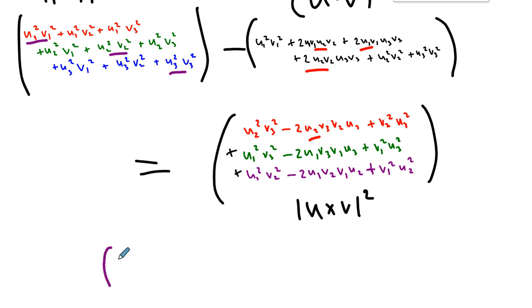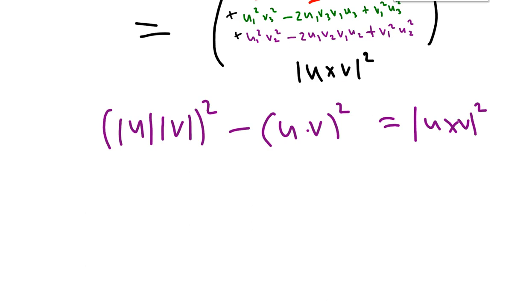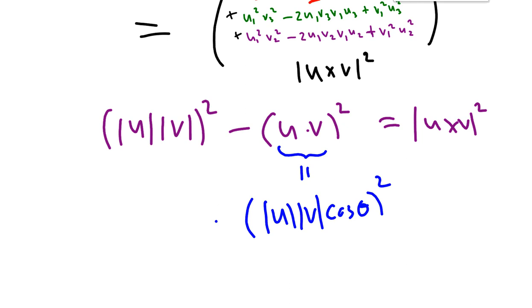So we can say the norm of u times the norm of v quantity squared minus u dot v squared equals that expression squared. We actually have a nice relationship here. We know from other proofs that u dot v, the dot product of two vectors, can be written as the length of u times the length of v times the cosine of the angle between the two vectors.